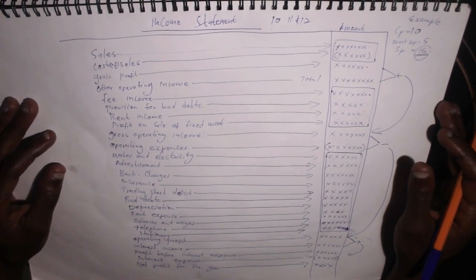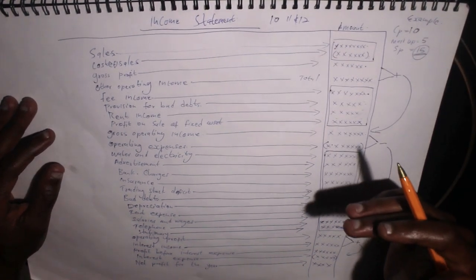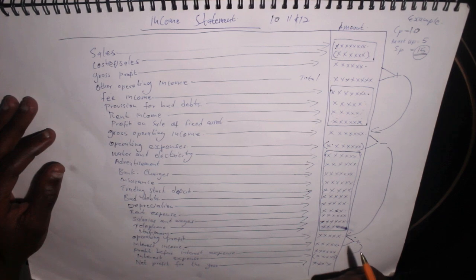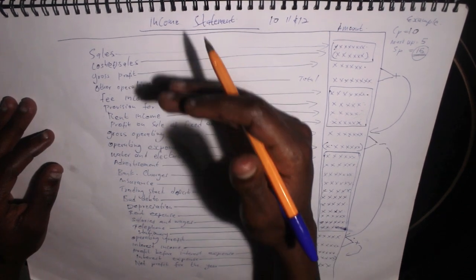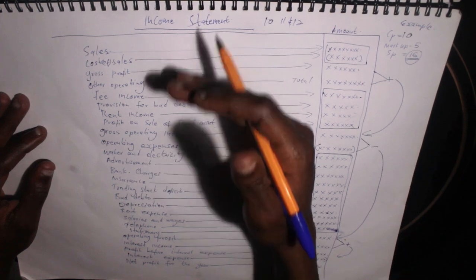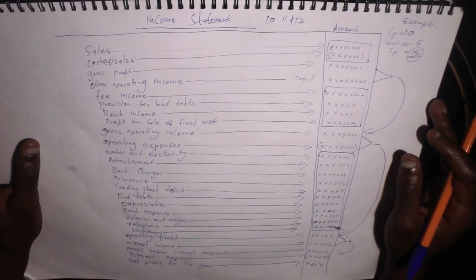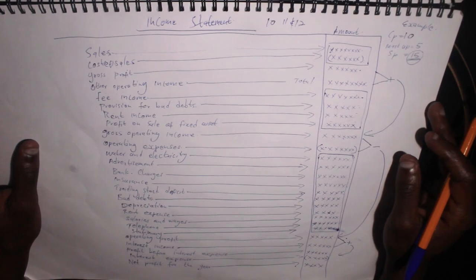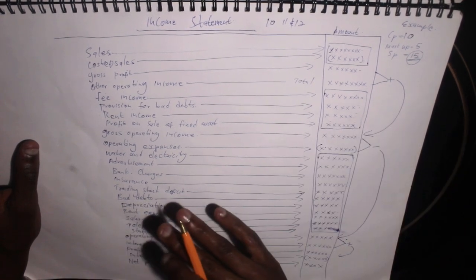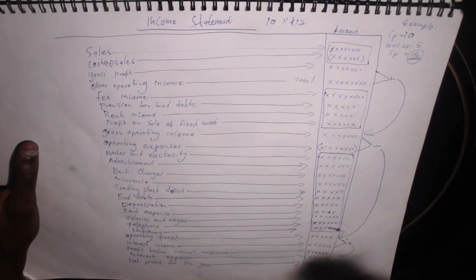You just have to understand how we started from the top, how we came about our income statement to the end. And then if you get the structure of your income statement, or let me rather say the format, then you won't get confused. Another thing that I want to highlight is that you cannot complete your income statement without having information.